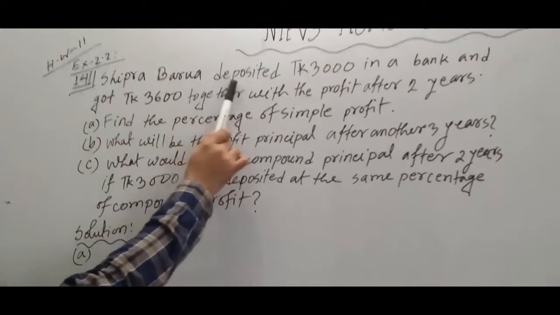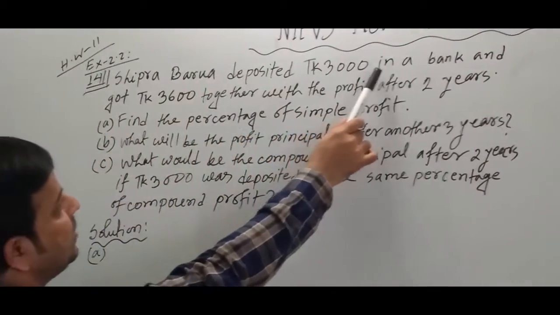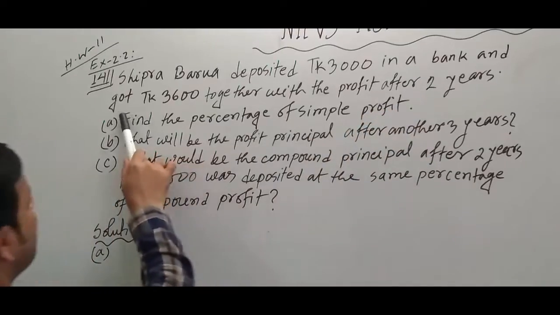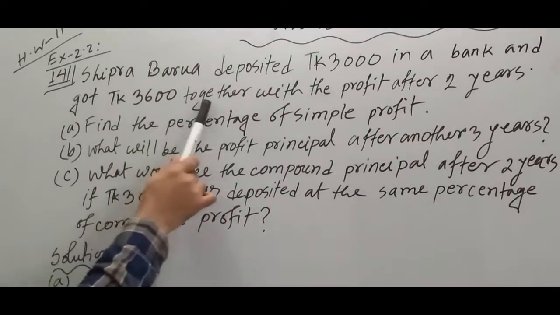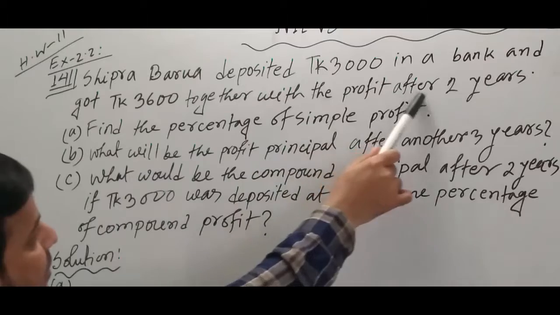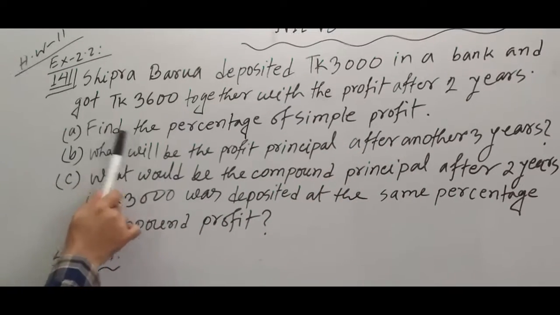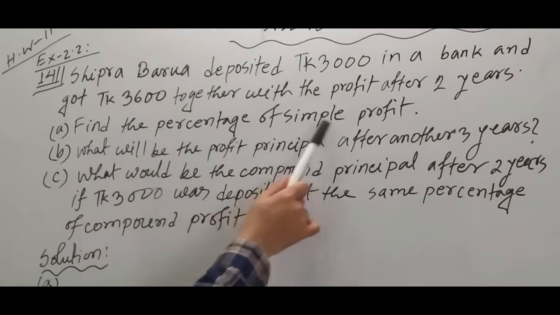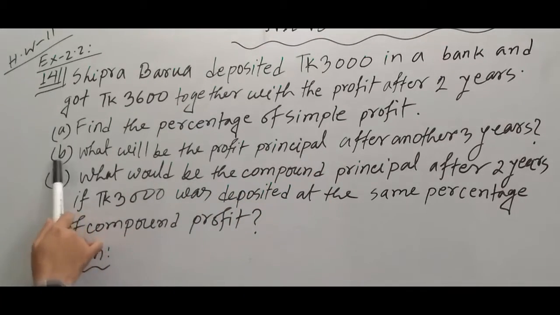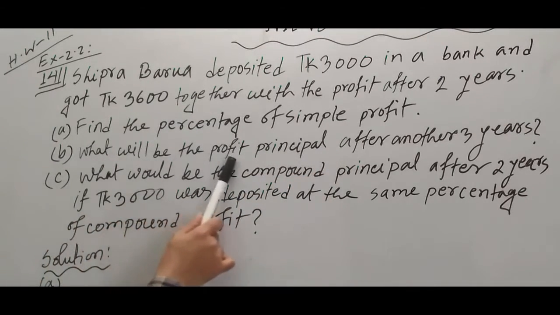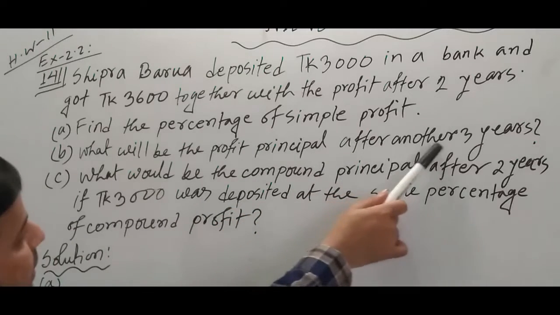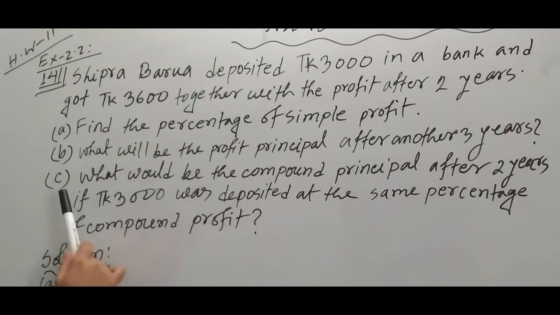Shipra Borua deposited taka 3000 in a bank and got taka 3600 together with the profit after 2 years. Question A. Find the percentage of simple profit. Question B. What will be the profit principal after another 3 years?